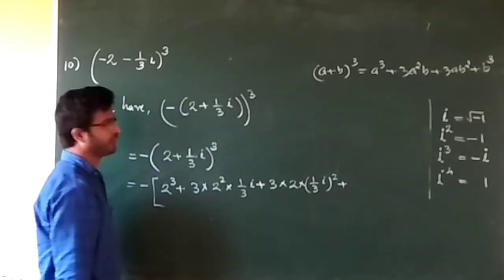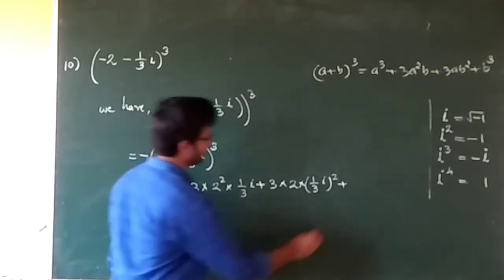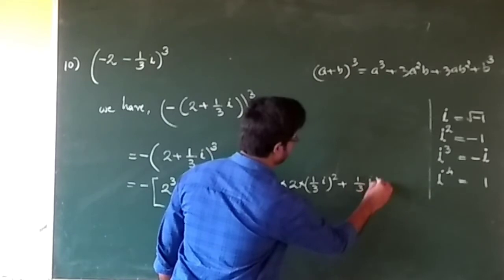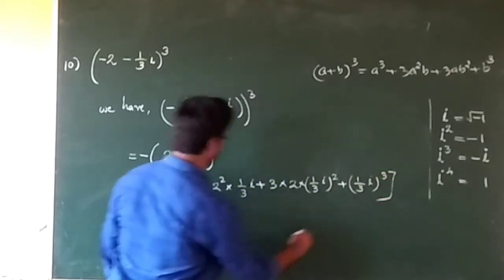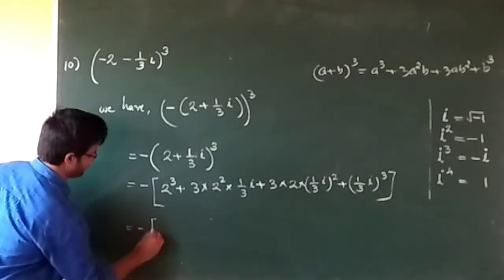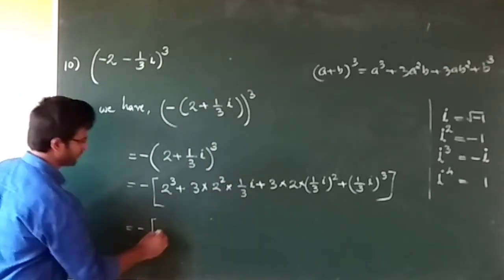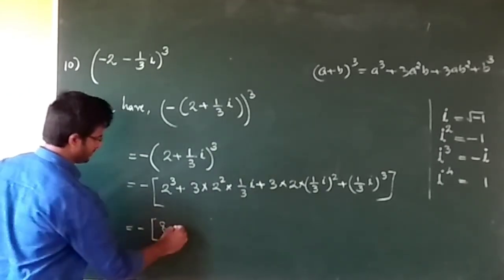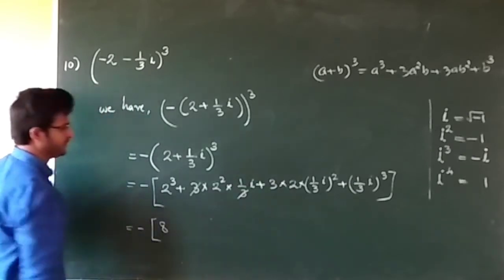Plus b cube. b cube means 1 by 3i whole cube. 2 cube, 2 into 2 into 2, is 8. Here 3 and 3, just cut it.